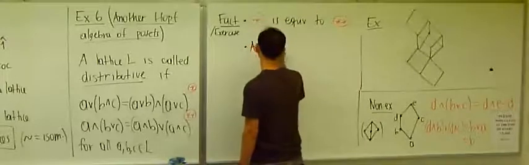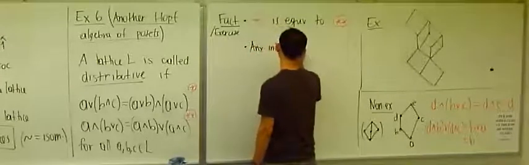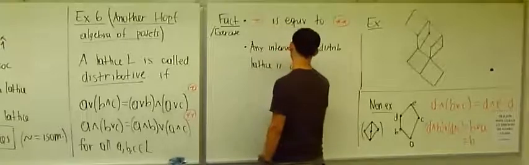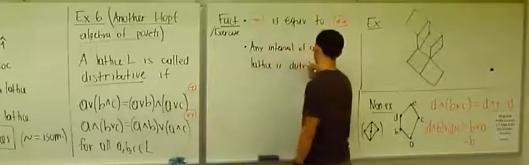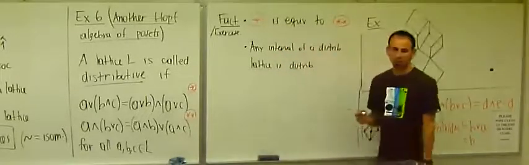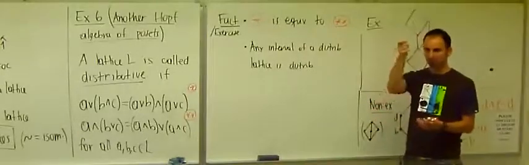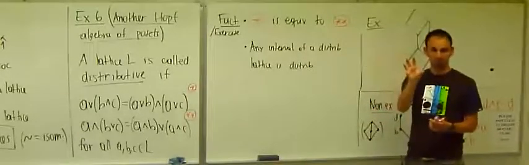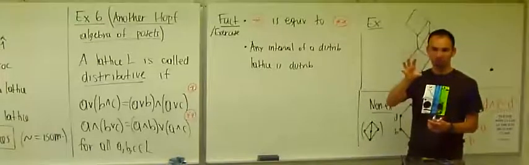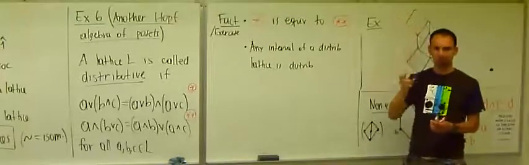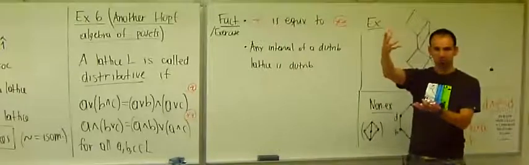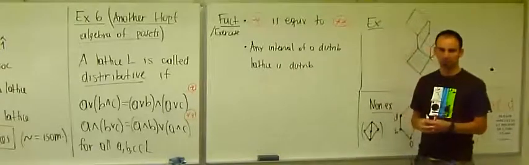Any interval of a distributive lattice is distributive. And this is just for free, because if you take a lattice and you take a subinterval, we just showed that it's a sublattice, and the operations of the sublattice are the same as the operations of the big lattice. So if the big lattice was distributive, then the small lattice ends up being distributive also.